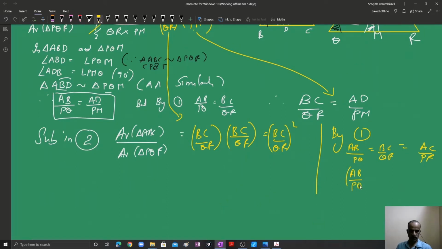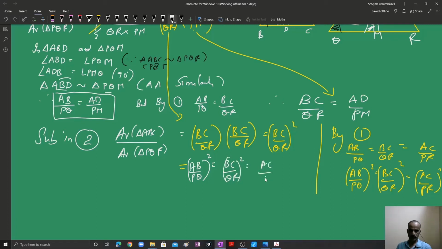AB by PQ whole square is equal to BC by QR whole square is equal to AC by PR whole square. If something is equal, their squares are also equal.